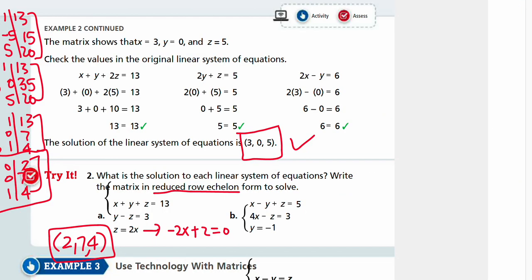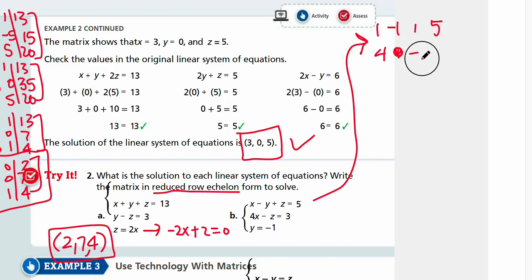So let's look at part B. The augmented matrix for part B would be 1, negative 1, 1, 5, 4, 0, negative 1, 3, and 0, 1, 0, negative 1, looking at your system of equations, right?